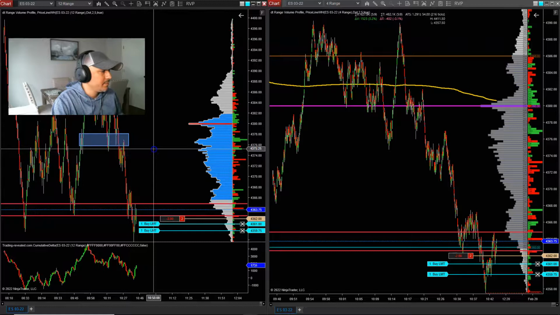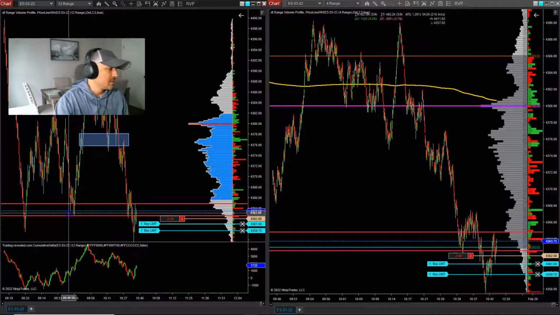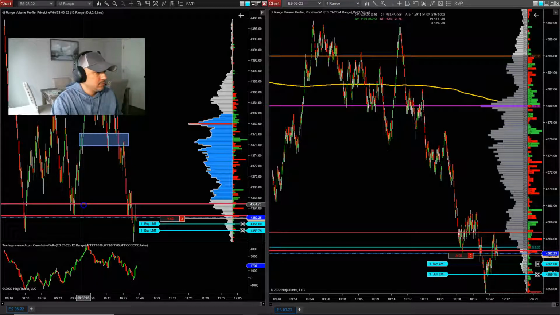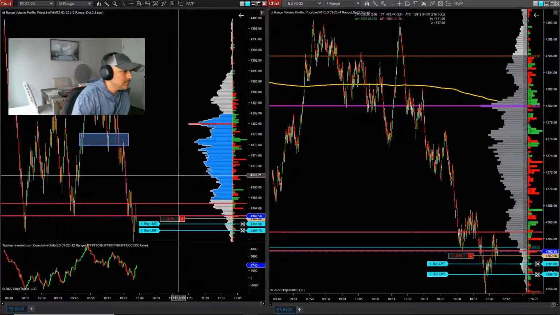Yeah. Okay. It broke this low right here at 62 and 3/4. But we're still bouncing out of that area of demand off the 1 hour.